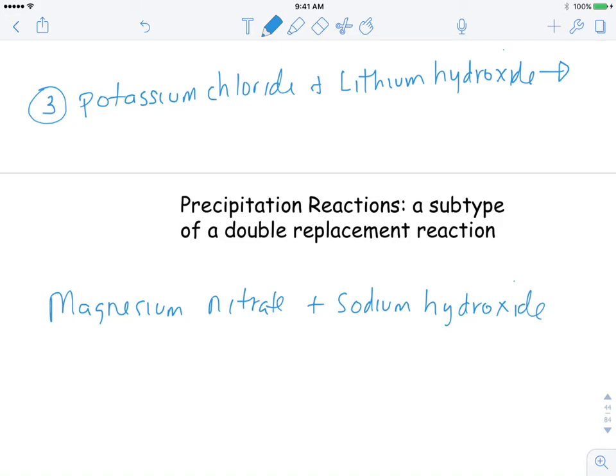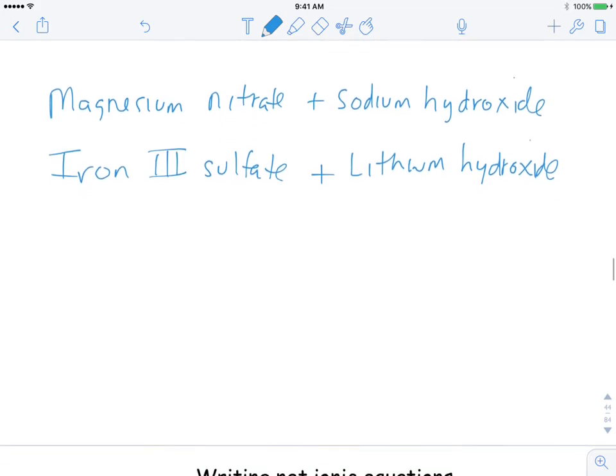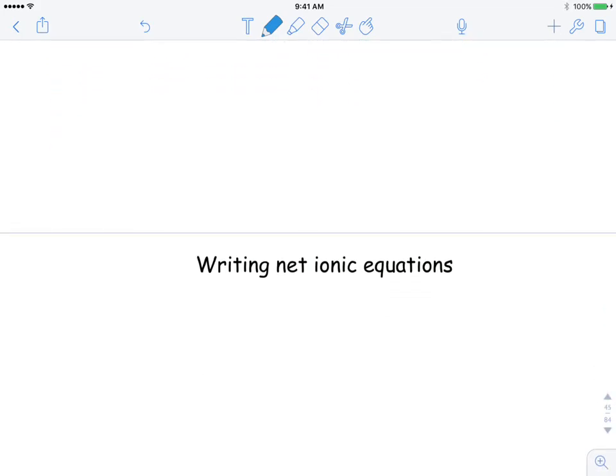We could also do maybe something like iron 3 sulfate plus lithium hydroxide. Okay, so here are a few precipitation reactions. Try them out. Try and write them as net ionic equations.